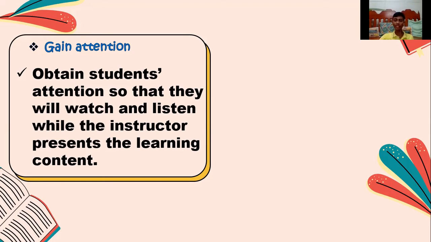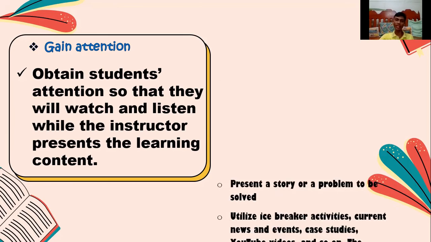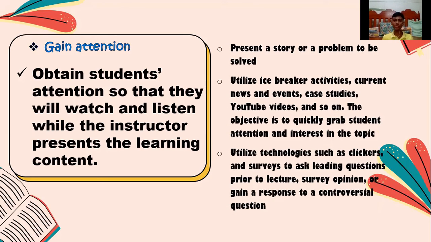Here are some methods to gain the attention of our learners. First, present a story or a problem to be solved. Another is to utilize icebreaker activities, news and events, case studies, YouTube videos, and so on. The objective is to quickly grab the students' attention and interest in the topic.